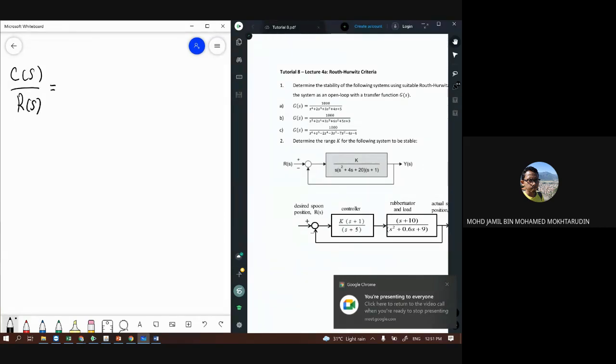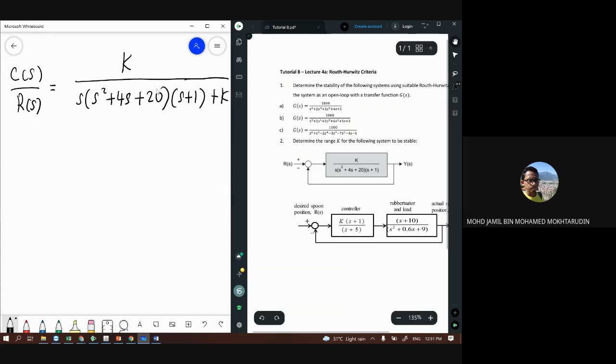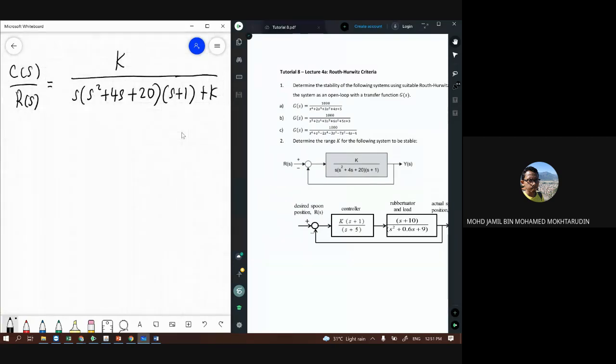So you will get K divided by S times S squared plus 4S plus 20, plus K. You can do this later and verify whether this is correct or not. Then you simplify or expand the denominator so that we can use it to generate the Routh table.